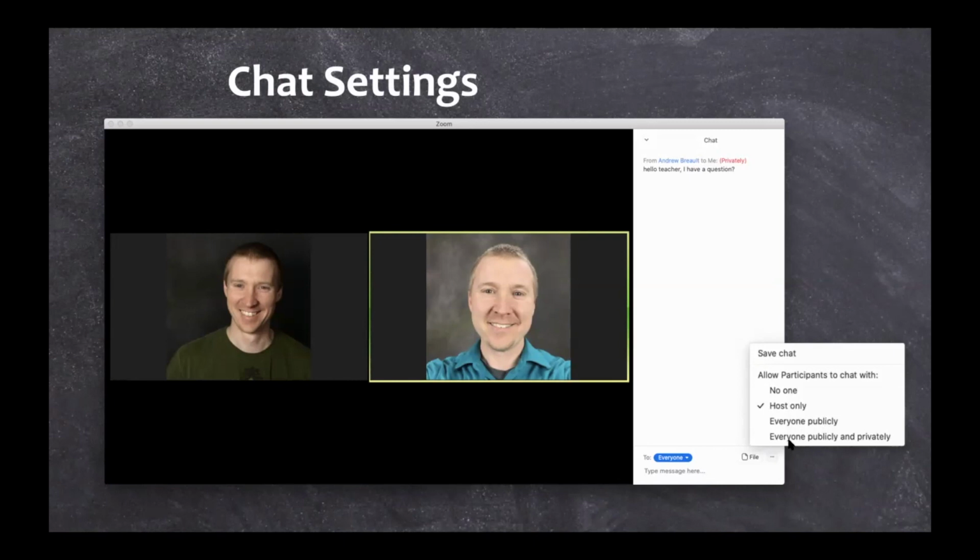The next level is everyone can chat publicly or privately. So that means you can also have students in your class communicate just between the two of them. Obviously you can see where this would be really helpful in, say, a university setting or a doctoral or graduate setting where students need to collaborate while you're in the middle of doing a presentation. Now that allows that.